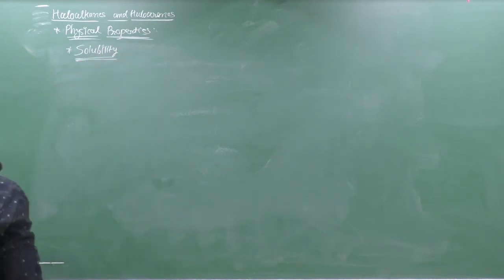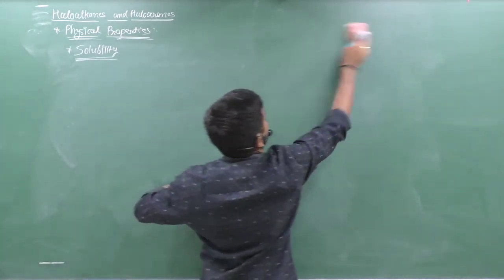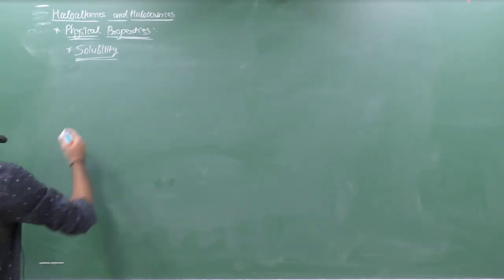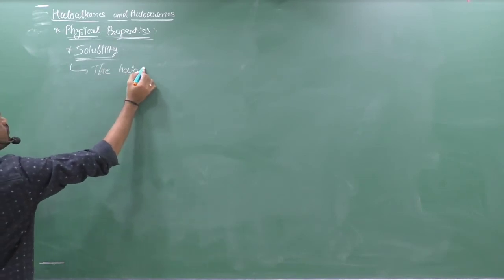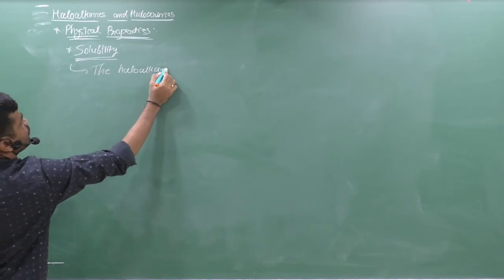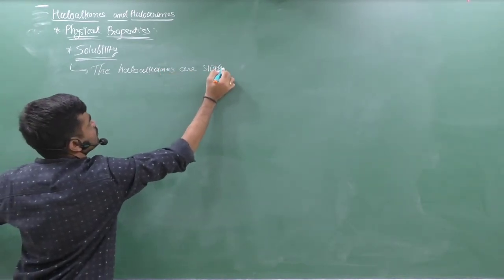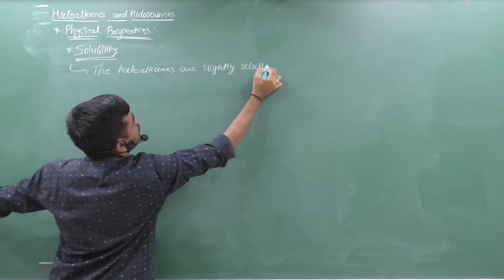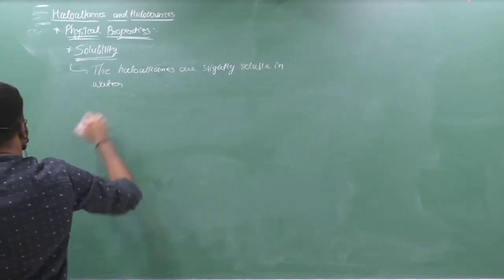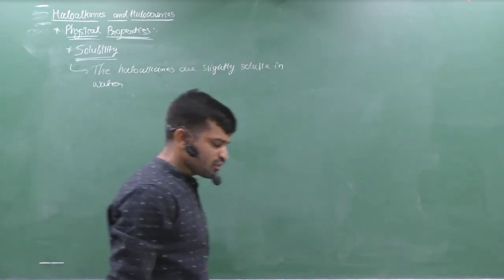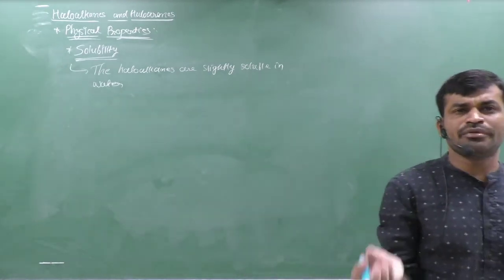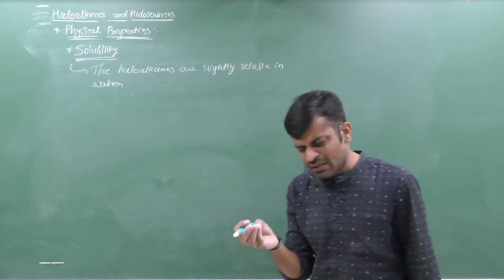If we compare the solubility, the haloalkanes are very slightly soluble in water. It means that they are not as soluble in water. If you dissolve haloalkanes in water, a slight part is dissolved, and the remaining part is undissolved.